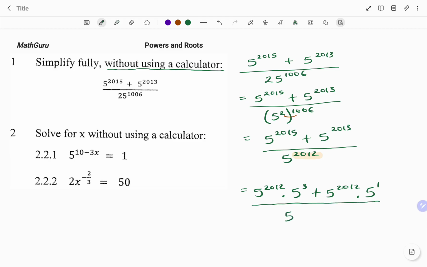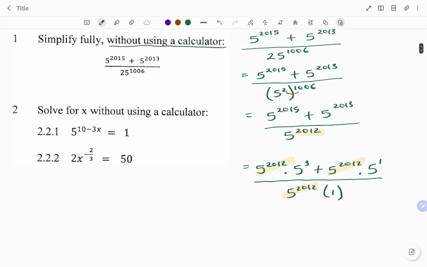Then I have 5 to the power of 2012 at the bottom times 1. So now I can identify my common term, which is 5 to the power of 2012. That is the factor I'm going to take out.